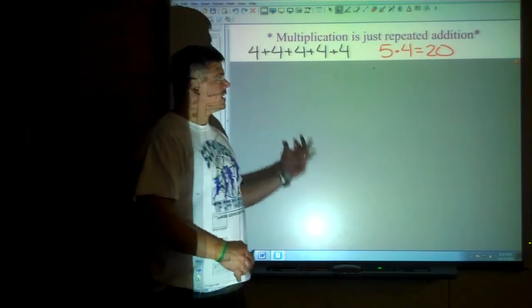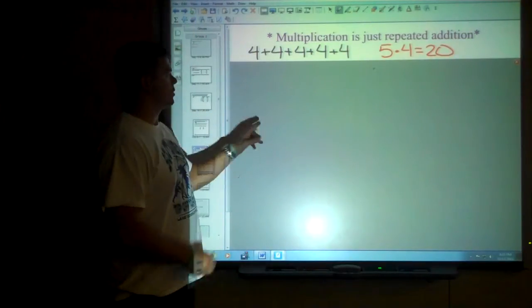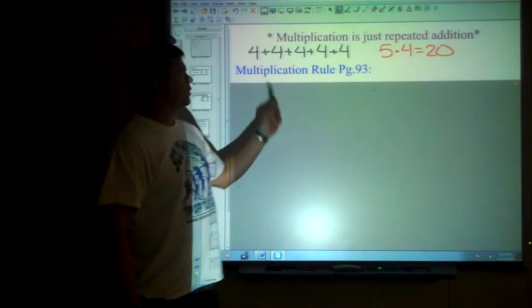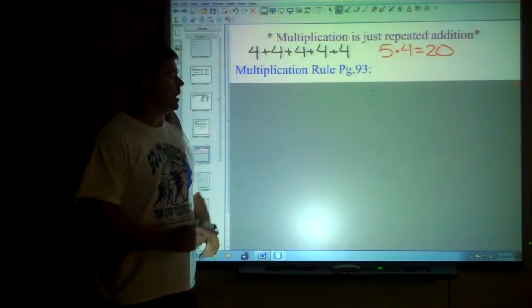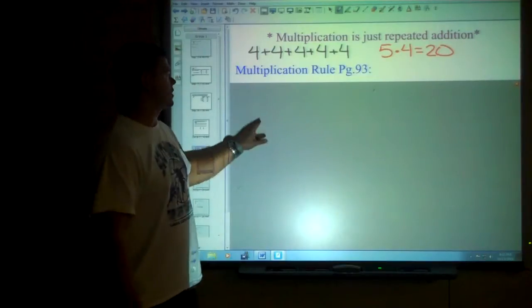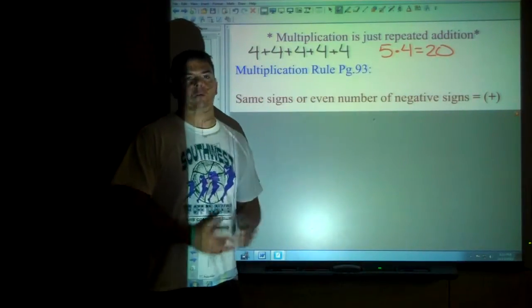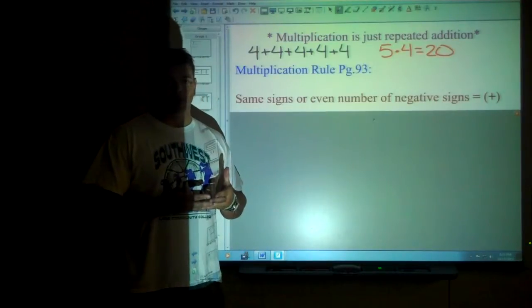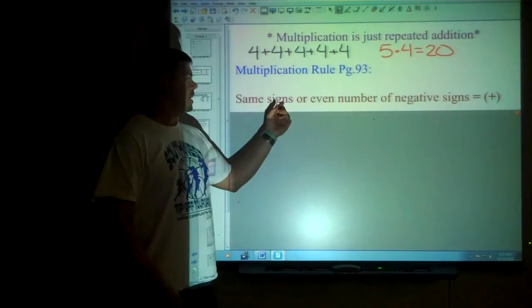Alright? If that's the case, then you have to think about how positive and negative numbers relate to that. On page 93, they have a really convoluted concept when it comes to the multiplication rule. I'm going to try to simplify it as much as possible. If the signs are the same, if you're multiplying two numbers together and they're both positive, or both negative, that means they're the same sign.